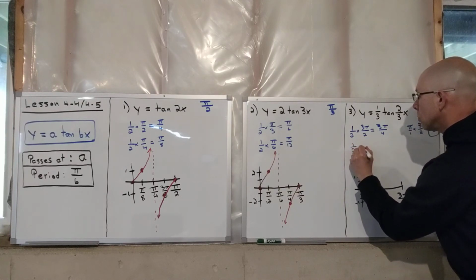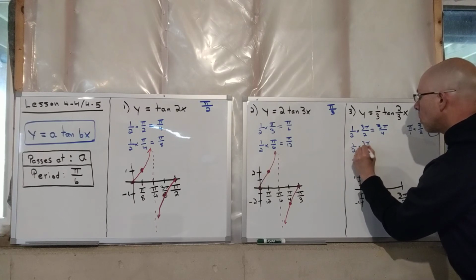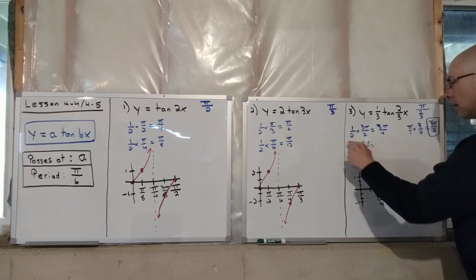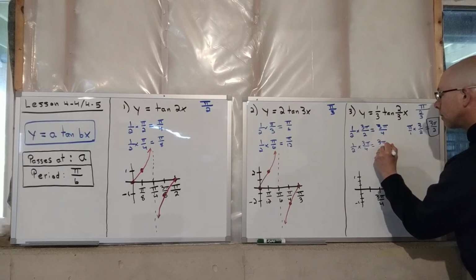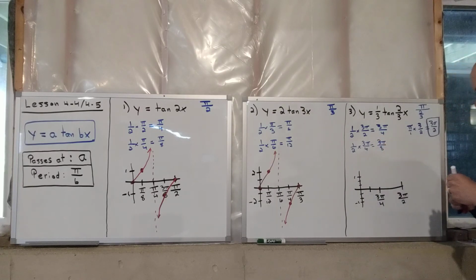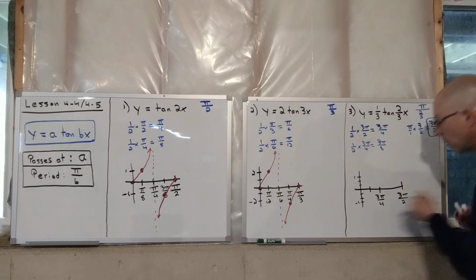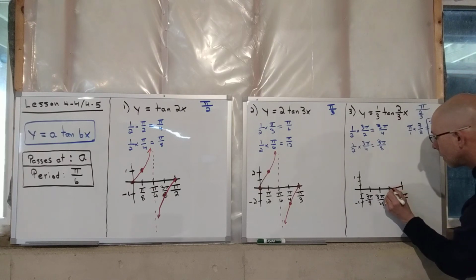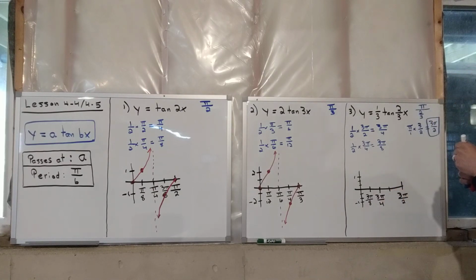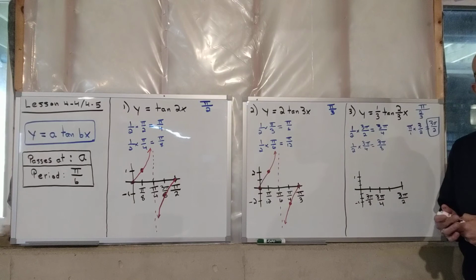Halfway to 3 pi over 4 is 3 pi over 8. So that's this one. Okay, so we have a unique situation.